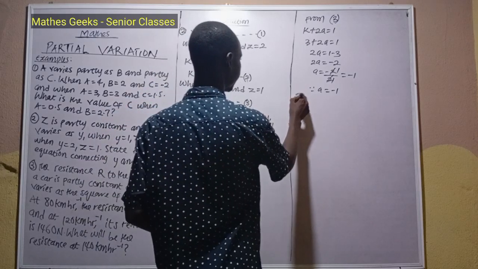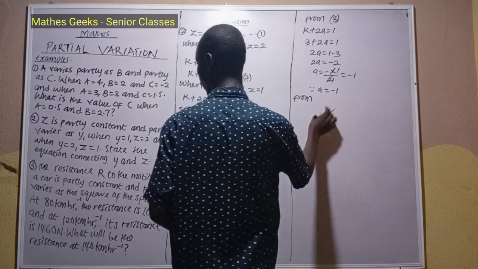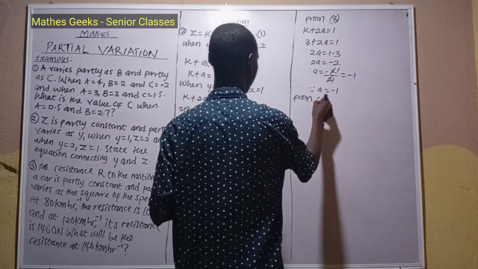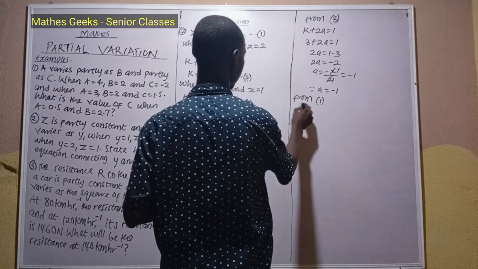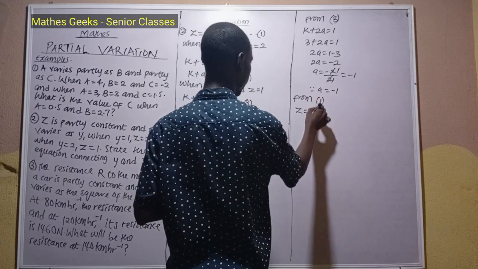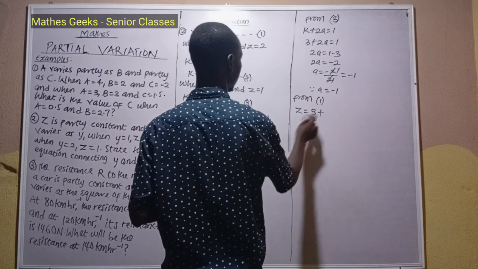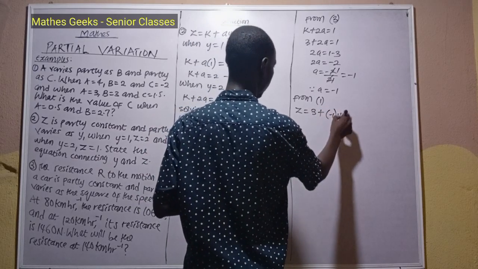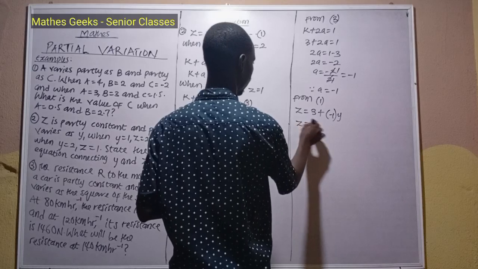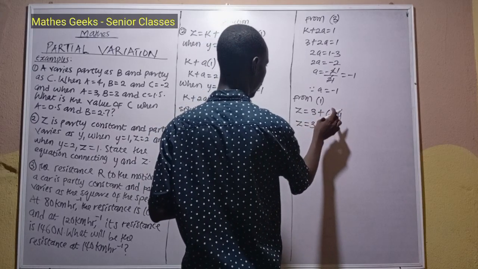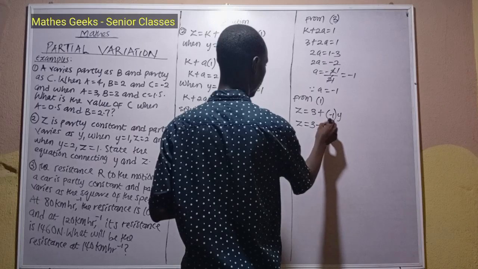So from equation 1, z plus y is equal to k, which is 3, plus e, which is minus 1, times y. So z is equal to 3 plus minus 1 times y, which will be minus y. So z is equal to 2 minus y.